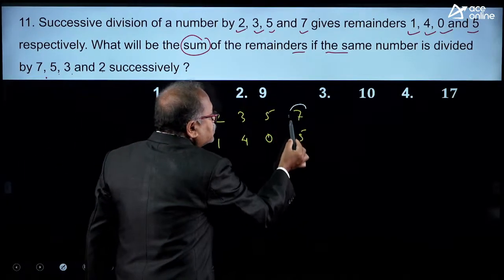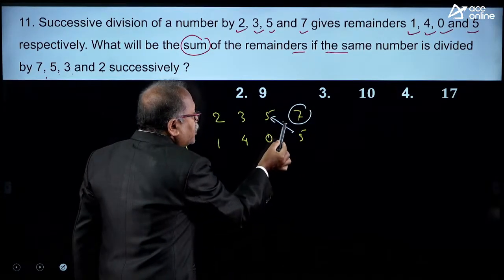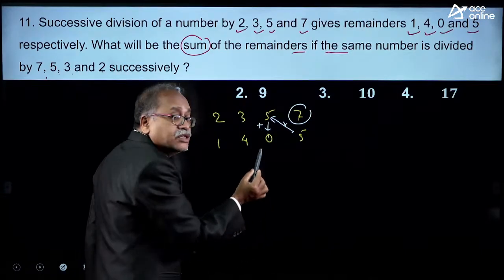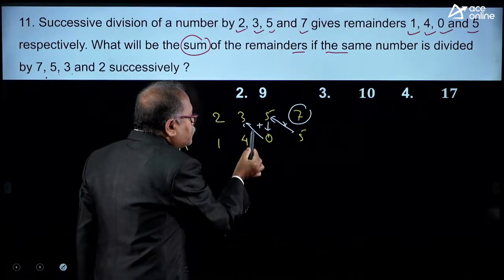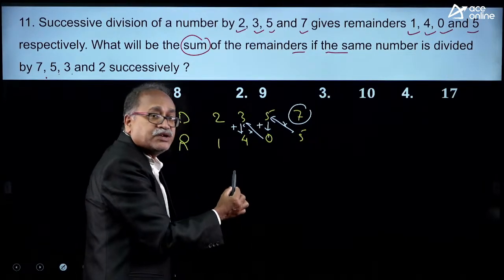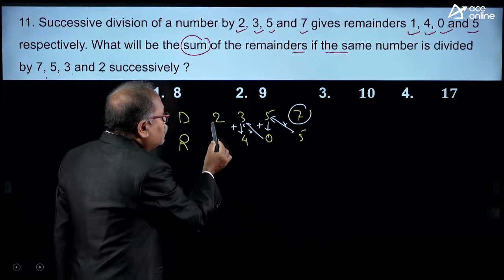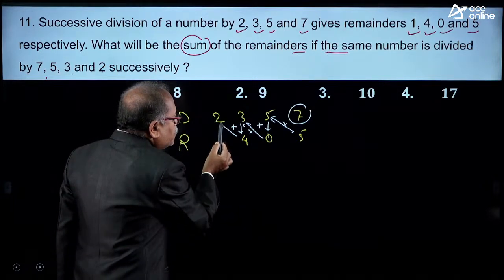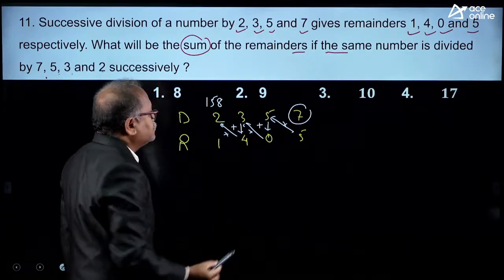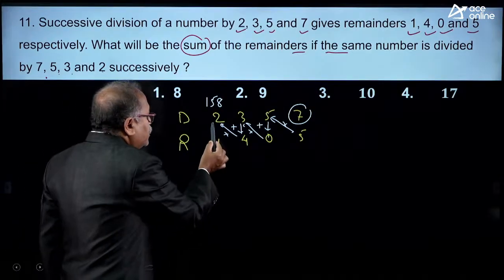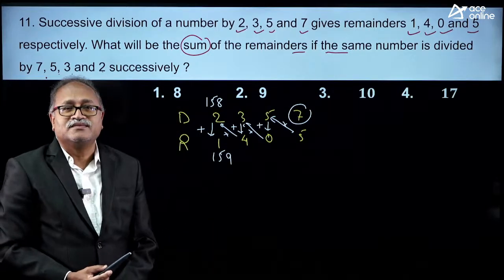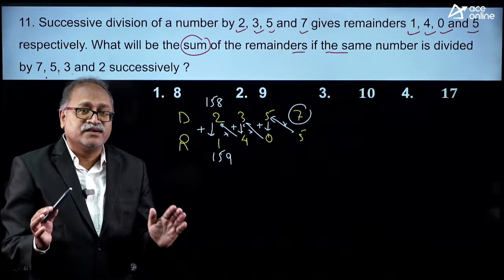Ignore this 7 and multiply 5 into 5, which is 25, 25 plus 0 remains 25, and 25 into 3 comes 75, 75 plus 4 comes 79, and 79 into 2, this cross multiplication, gives 158, and 158 plus 1 comes 159. The smallest such number is 159.